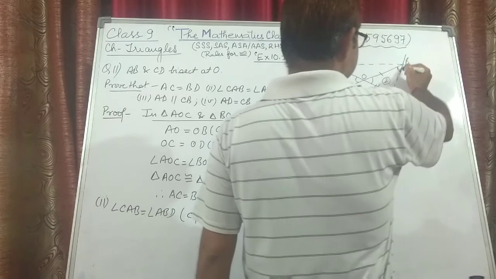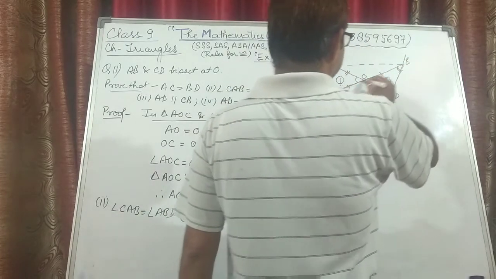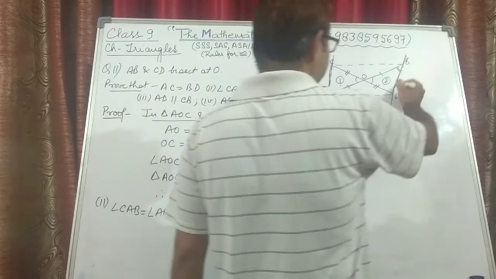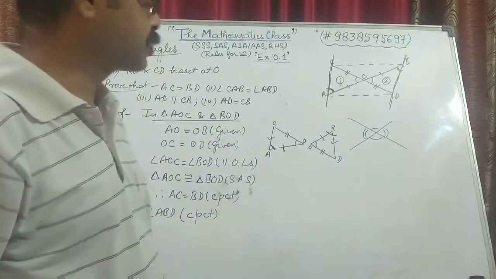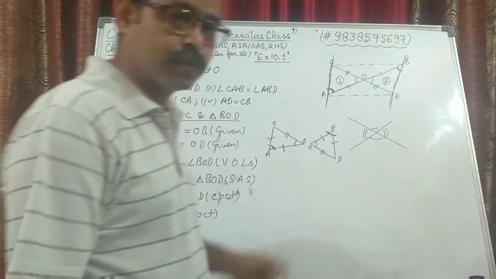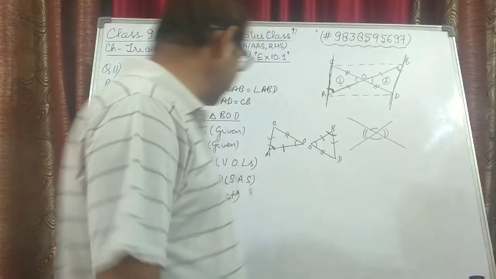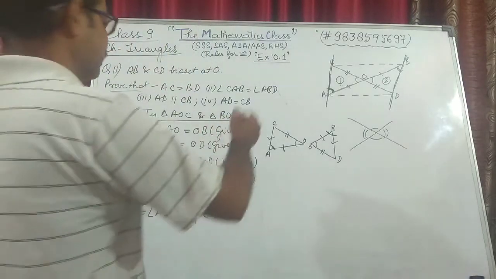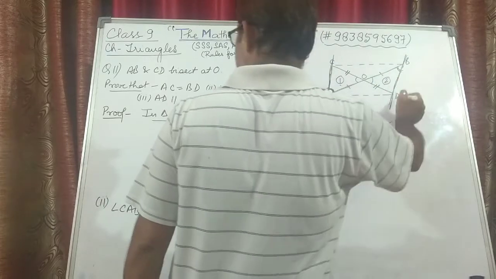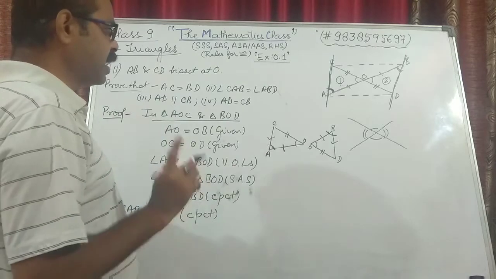If they act as alternate interior angles, it means we can say that this AC side and BD side are parallel to each other, because this angle and this angle are equal, we have proved. So we can say AC and BD are parallel.